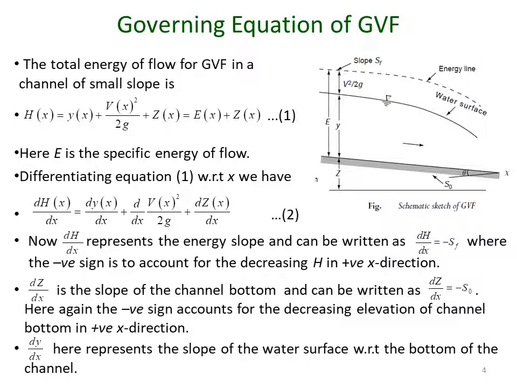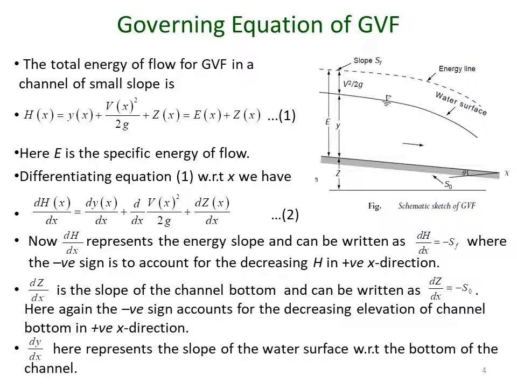So the total energy of flow in GVF in a channel of small slope can be written as H = y + V²/2g + z, which has been shown by equation 1 on this slide.